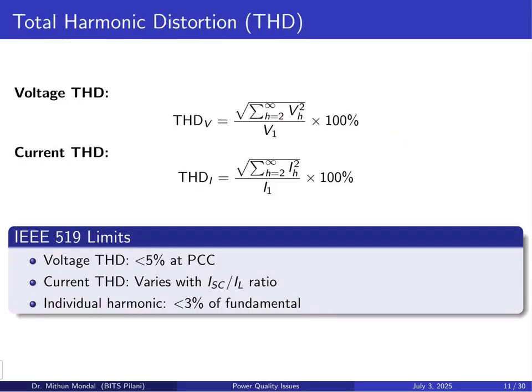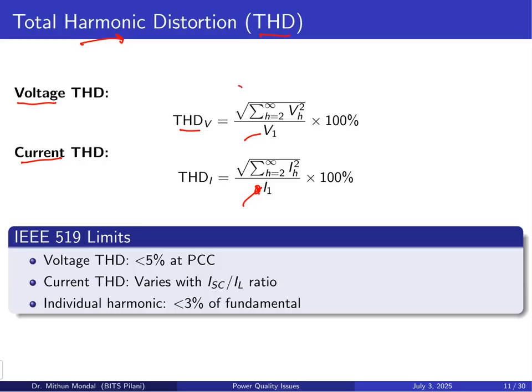Now, these harmonics are measured in terms of THD, the total harmonic distortion. It can be in the voltage wave or in the current wave. When we measure the THD, we take the fundamental component as the reference, so V1 and I1 are the fundamental components of the voltage and the current.